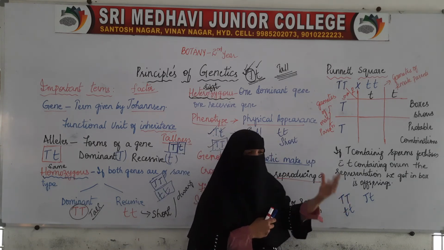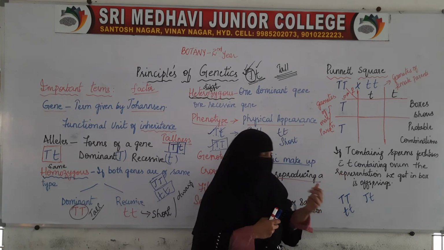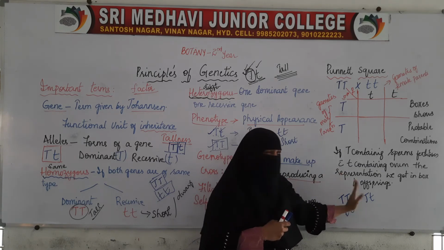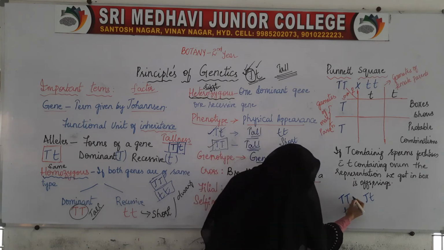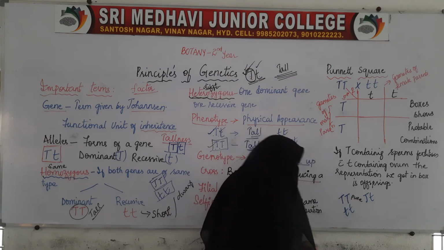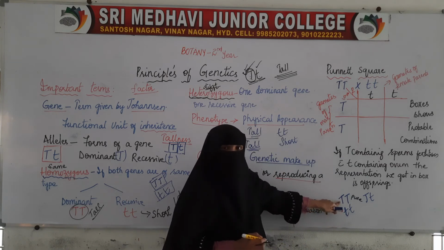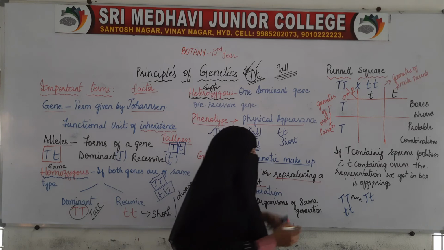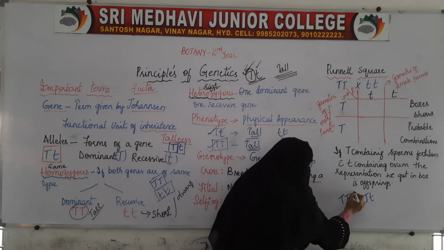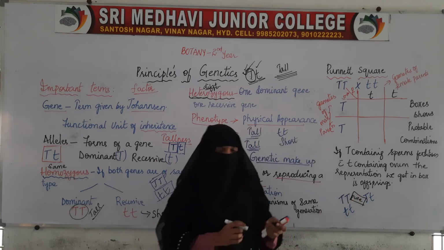Homozygous means pure ones, both of the same type. Heterozygous is not pure, one is different. These are the pure characters, both capital T and both small t. So when we start a cross, we start with the pure, homozygous characters.